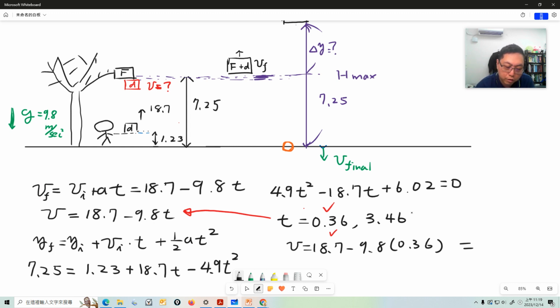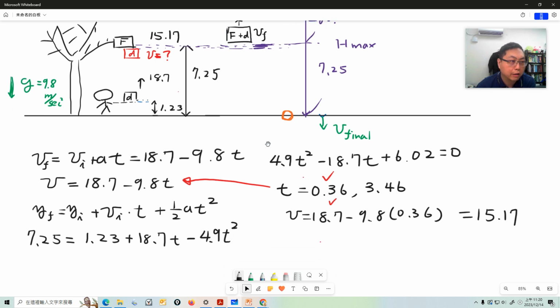So what's our velocity? 18.7 minus 9.8 times 0.36 is 15.17. So at this position, its V is equal to 15.17. We have this velocity right before the inelastic collision, so we can find the velocity right after the inelastic collision.